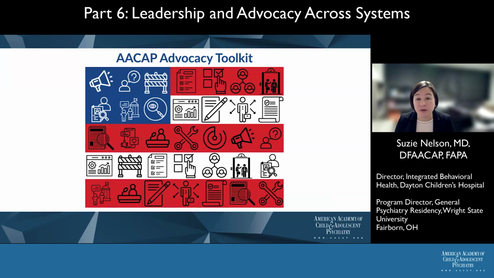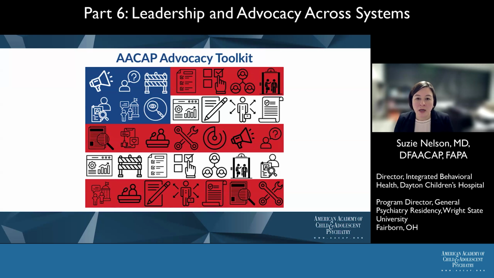You see all of these different individual pictures, and when you progress through the toolkit, every one of these pictures is an icon that links to a different skill set that you can exercise as part of your journey of advocacy.